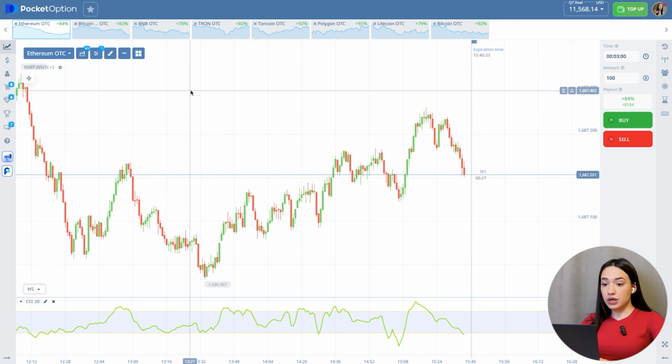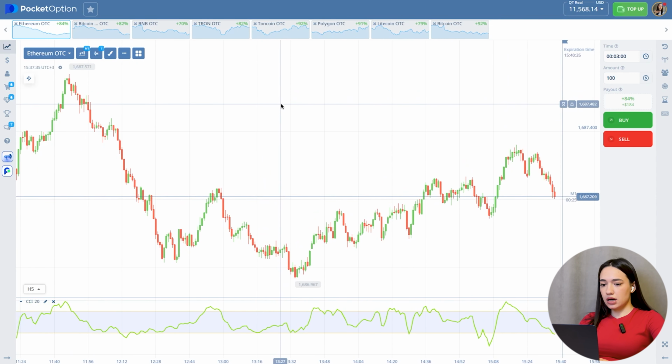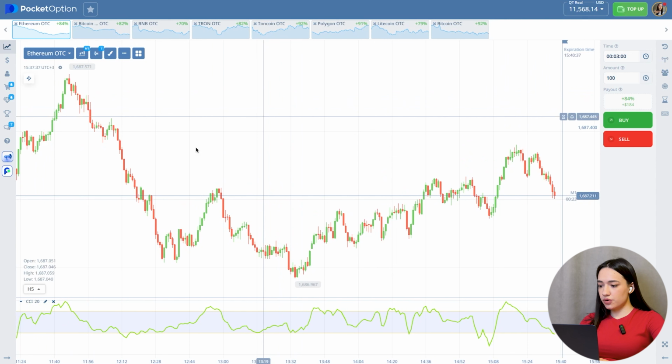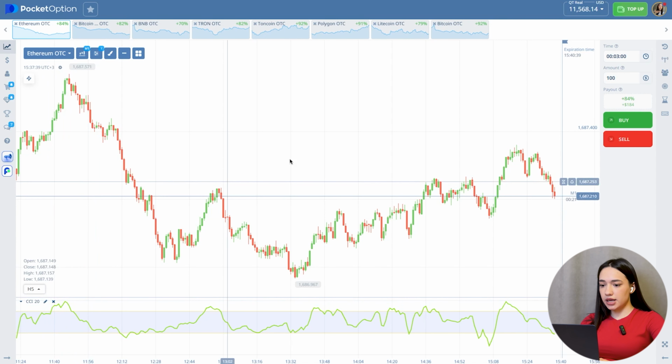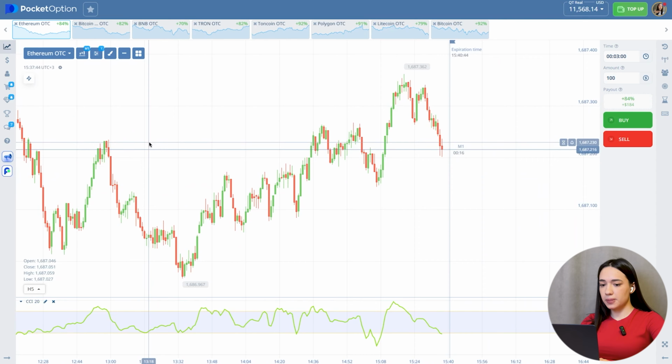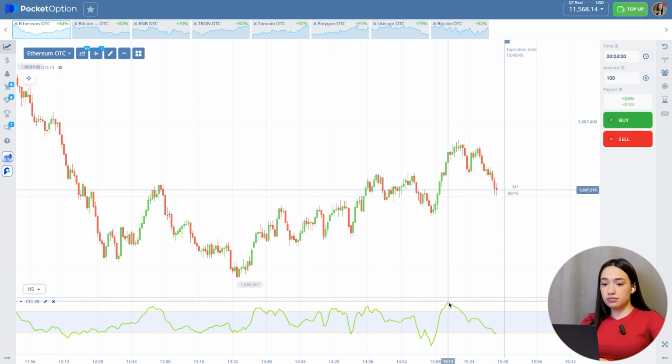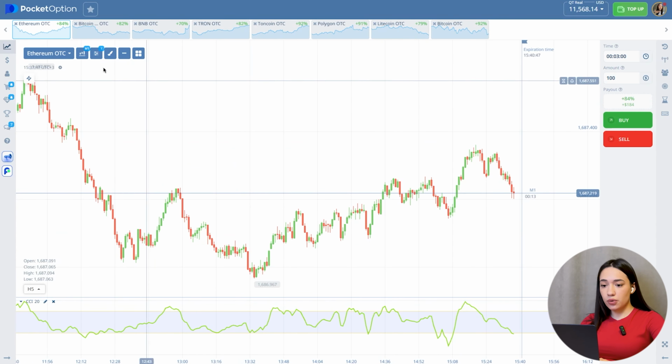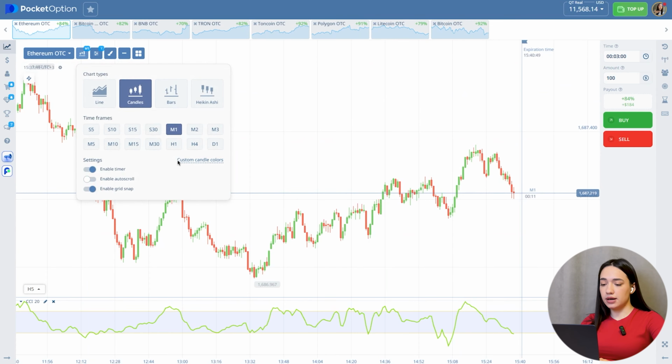Well, look at what I'm going to do. I will search for cycles and look at the maximum points on the CCI, meaning how high or how low it went depending on the direction in which I'm going to open the trade.